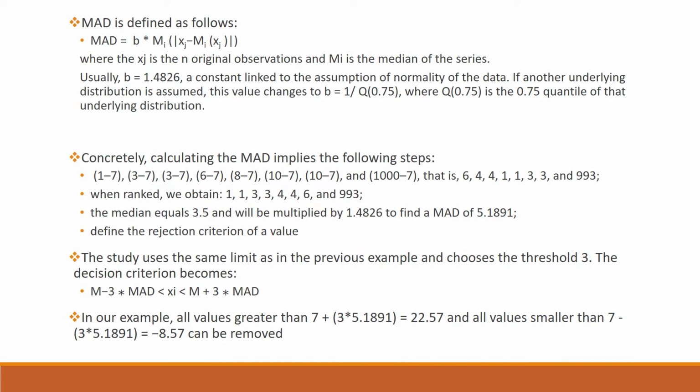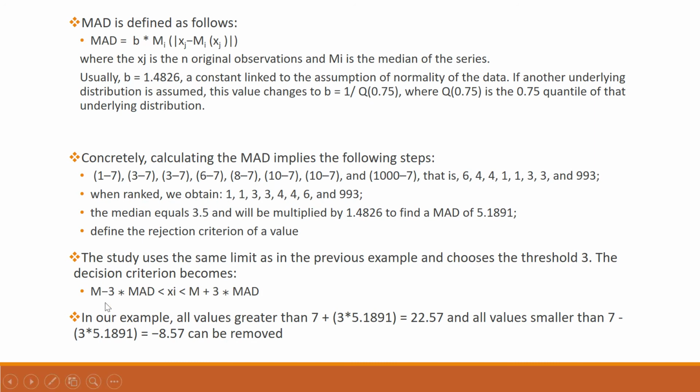So Miller in his paper suggests the values for this range. Instead of 3 we can have 2, 2.5, and 3, depending upon the researcher's need, right?